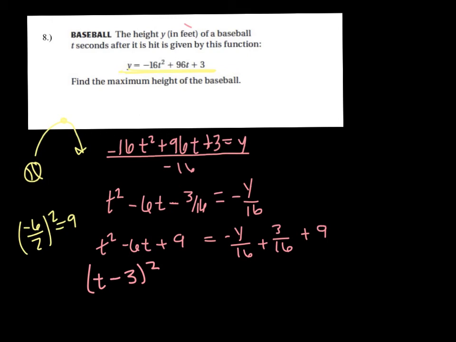So I'm going to just make that 144 16ths instead of 9. So now 3 plus 144 is 147 16ths. We still have that t minus 3 squared.